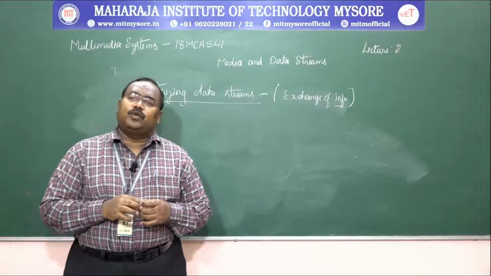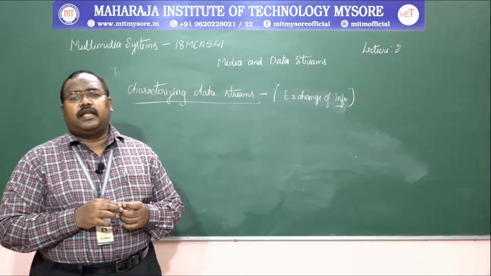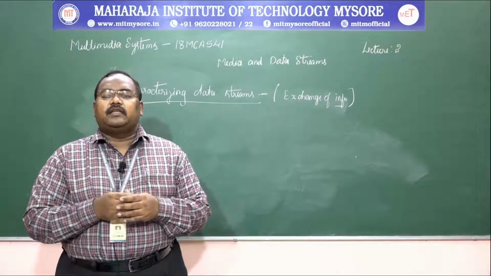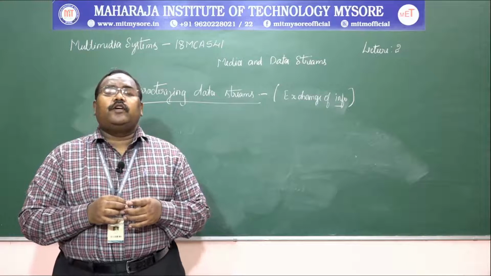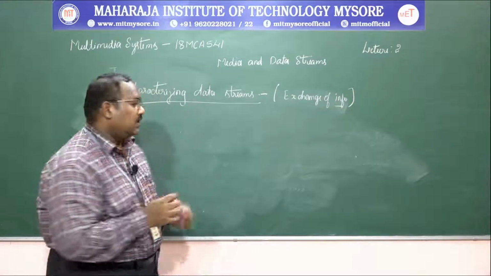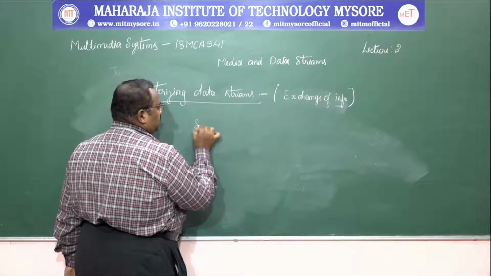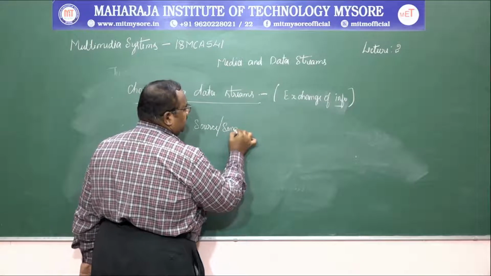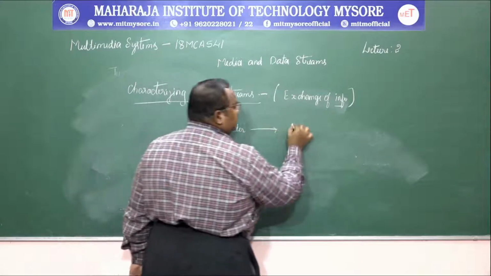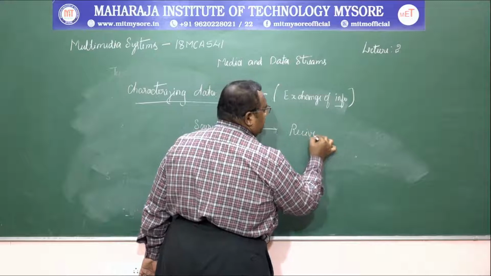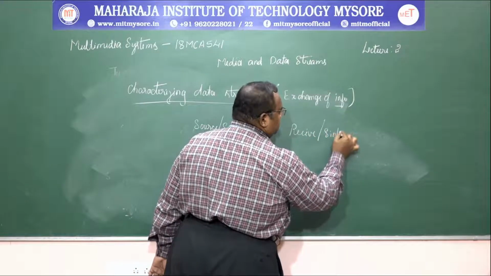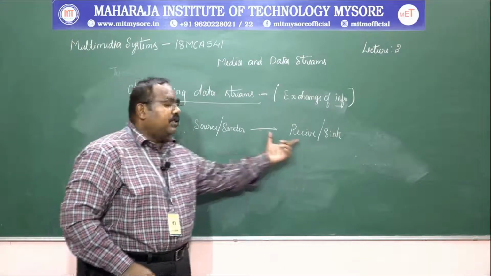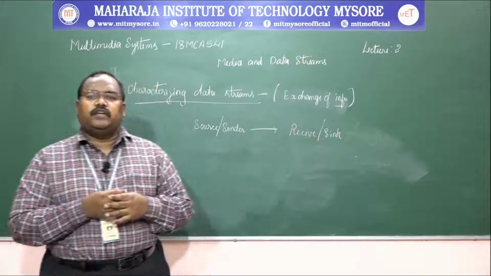Distributed networks use both continuous and discrete media streams. In a digital system, information is split into various packets before it is transmitted. So when we talk about transmission, two things are to be learned. One is the source, which we also call the sender, and the next is the receiver, which we call the sink. Information is transmitted from a source or sender to the receiver or sink which observes the information.